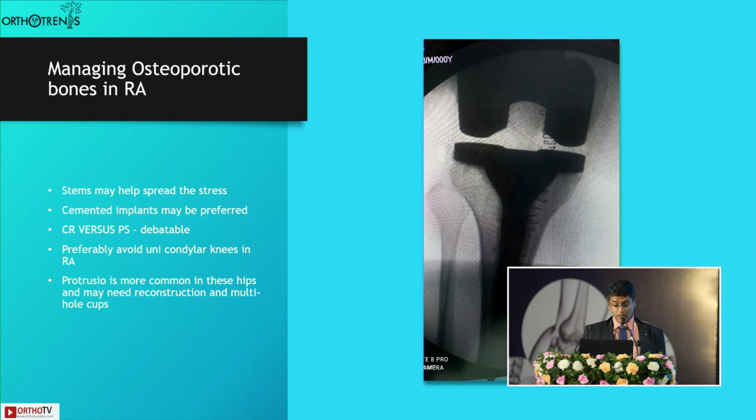That's debatable, as Dr. Ashok Rajgopal just mentioned, that it doesn't really make a difference. Preferably avoid unicondylar knees in rheumatoids for at least two reasons. One, they're often osteoporotic, and number two, these are cases where the disease pathology invariably progresses over time to involve other parts of the knee as well.